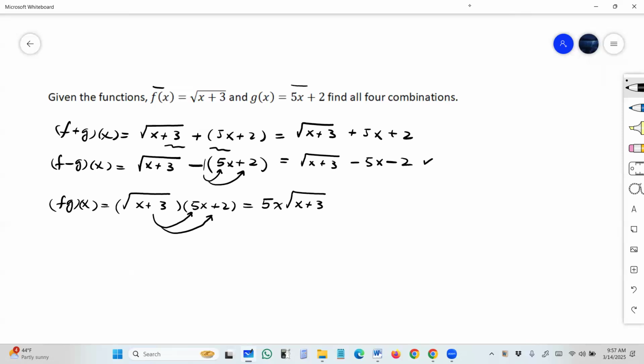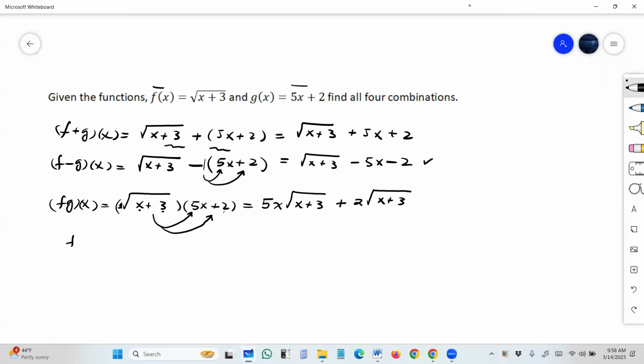Now, do not multiply the 5x times the x and the 3 inside of the radical. The 5x multiplies the invisible 1 that is outside. Okay? Plus, same thing with the 2. The 2 does not multiply x and 3. It multiplies this invisible 1 that is outside. So this is 2 radical x plus 3. And that's it. That's all I can do.